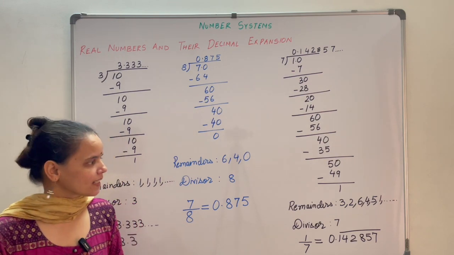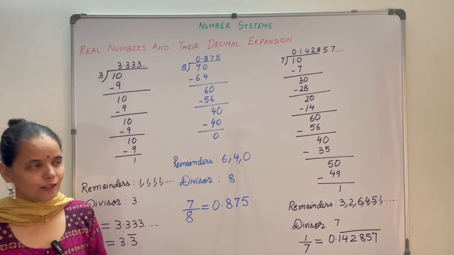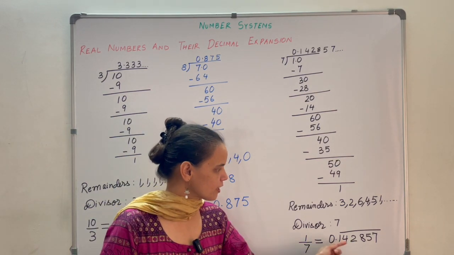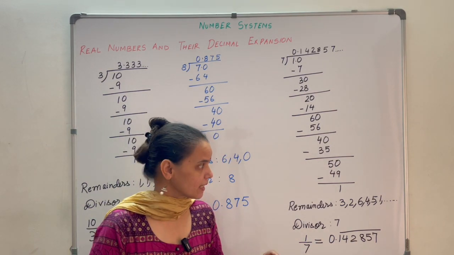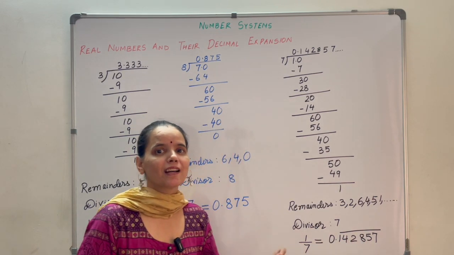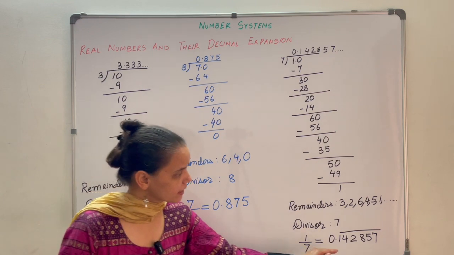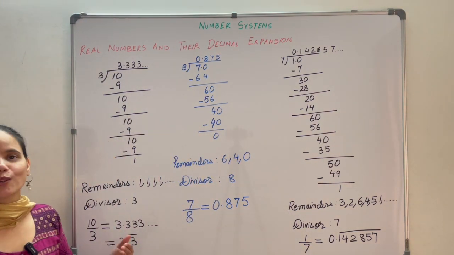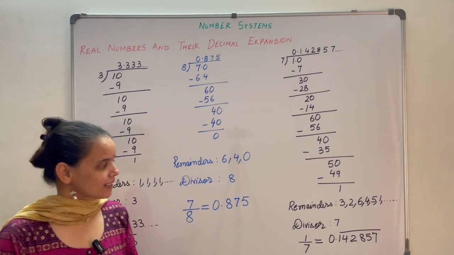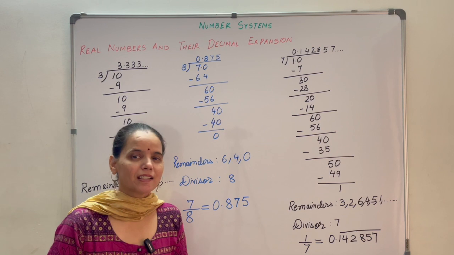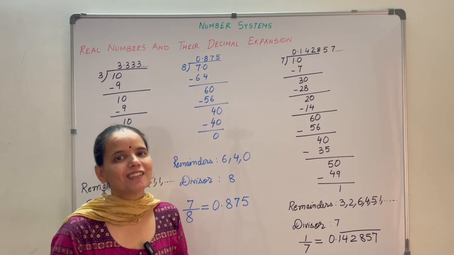In the second case, when the remainder is not 0, you can see that the decimal expansion of the rational number is non-terminating, repeating. Here these set of numbers are not going to terminate, they will keep on repeating. Here also you can see this 3 is going to repeat. So in the second case, the decimal expansion of a rational number is non-terminating, repeating, or you can use the word recurring.